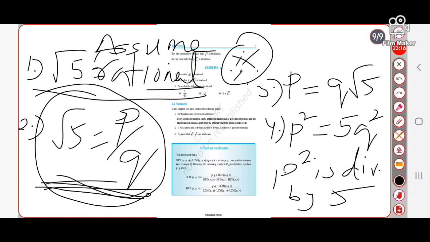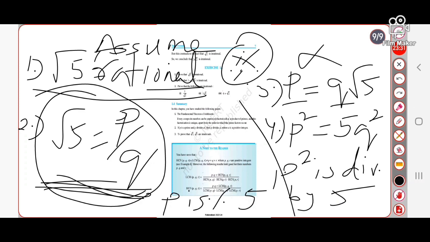By this we can say that p is divisible by 5. So p and q are not coprime. This should be written at the last, that p and q are not coprime.